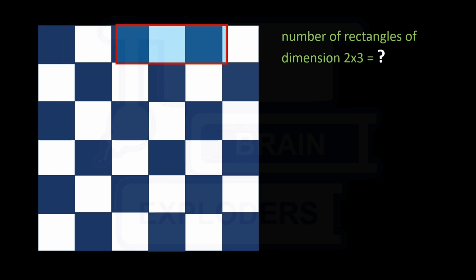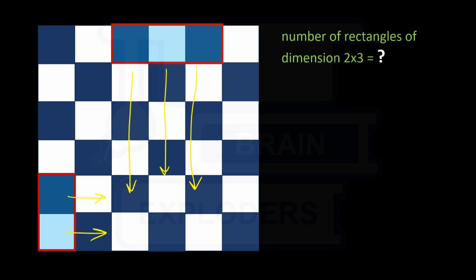The first thing is that we need a length, and another thing is that we need a width. So first of all, we have to choose 3 adjacent columns for the length, and 2 adjacent rows for the width, and at the intersection of these rows and columns we will find a rectangle of dimension 2 cross 3, right?